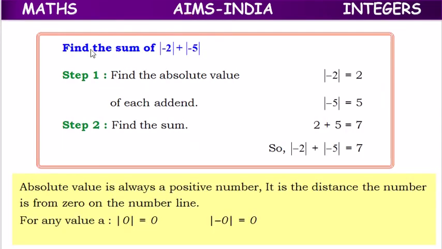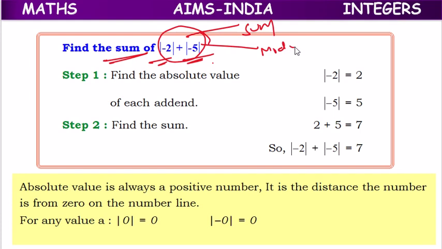Next, find the sum of modulus of minus 2 plus modulus of minus 5. Before finding the sum, we have to find their modulus, or absolute value, separately. Then we can do their sum.